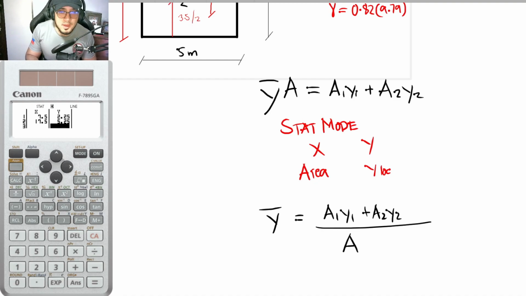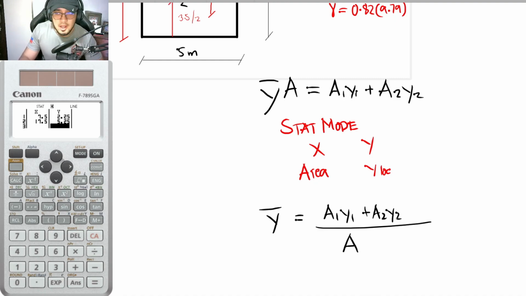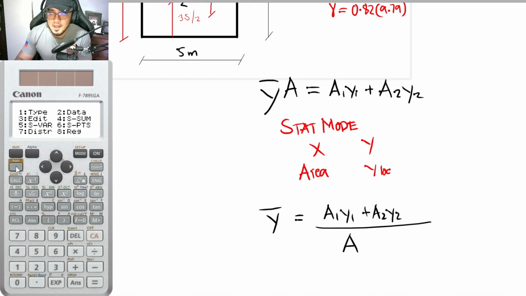We can now use this equation with our calculator. I will click CA here and go to apps, the applications, and these are the features of the stat mode.